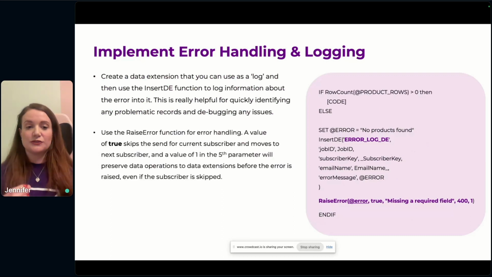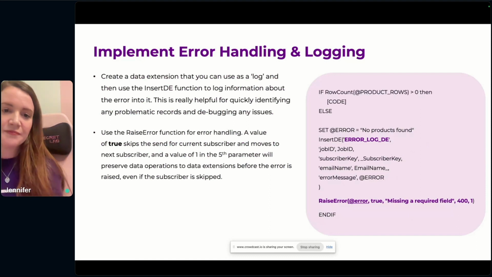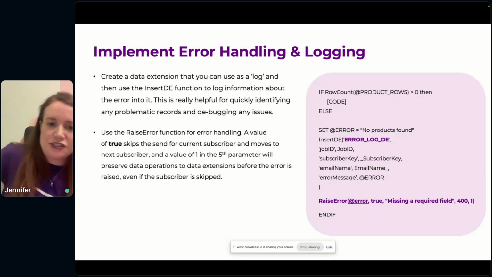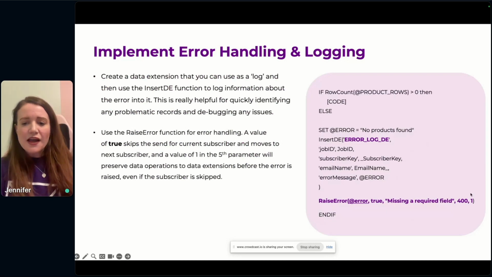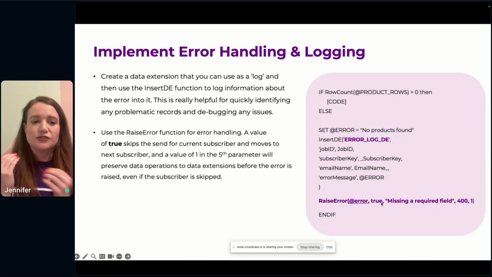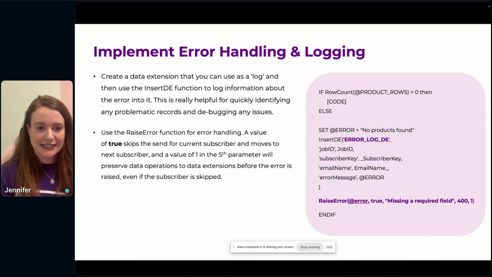What you can also do is use the raise error function for error handling. Just a few things to mention about this function. A value of true will skip the send for the current subscriber and just move on to the next subscriber. And a value of 1 in the 5th parameter here, that's quite important, because it will preserve data operations to data extensions before the error is raised, even if the subscriber is skipped.